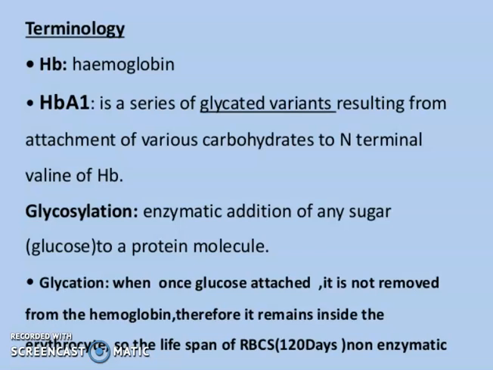Glycosylation means enzymatic addition of any sugar to a protein molecule. Glycation, non-enzymatic: when one glucose is attached, it is not removed from the hemoglobin, therefore it remains inside the erythrocytes. The lifespan of RBCs is 120 days.